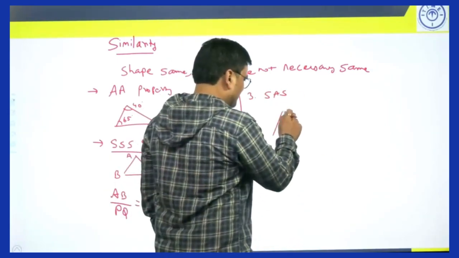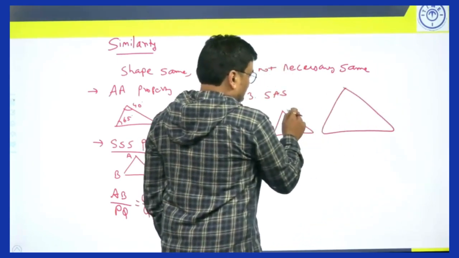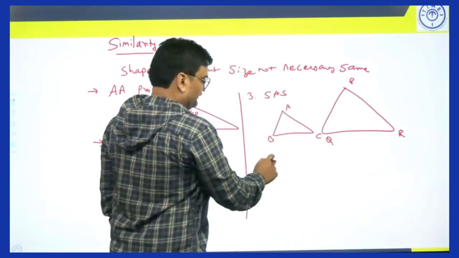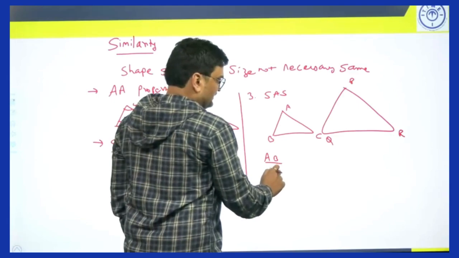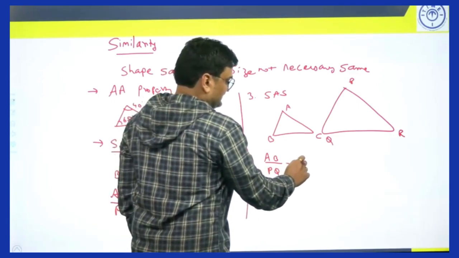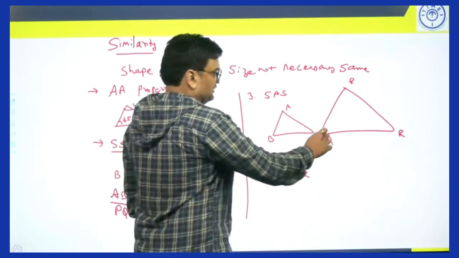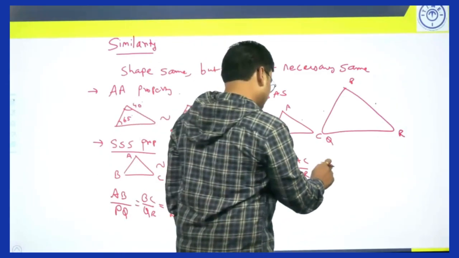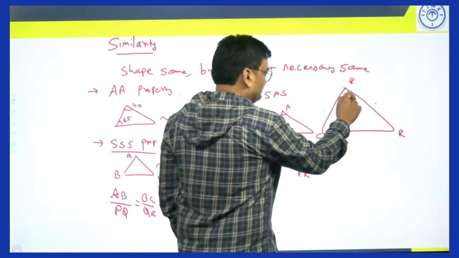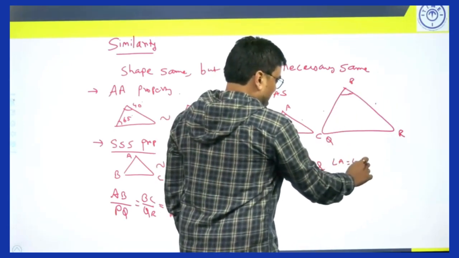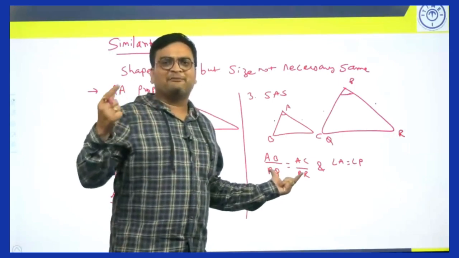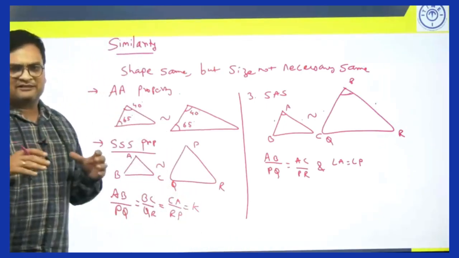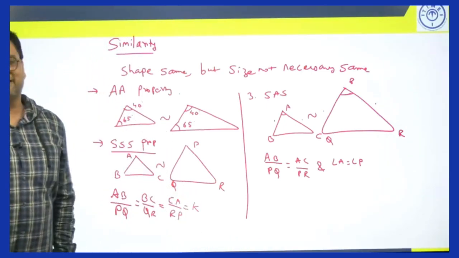If you take two triangles again, ABC and PQR, and you notice that the ratio of AB and PQ is the same as AC and PR, so this pair of sides has the same ratio, and the included angle, angle A and angle P, are equal, then we will say the two triangles are similar. So these are the three different ways in which you can prove similarity.